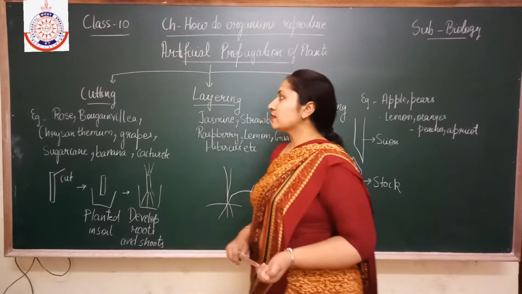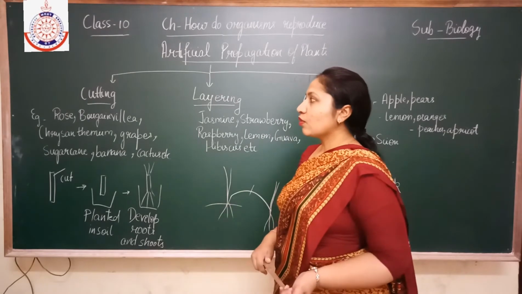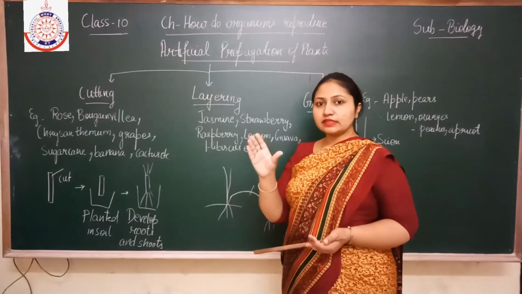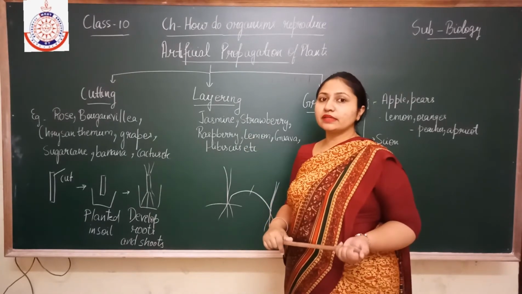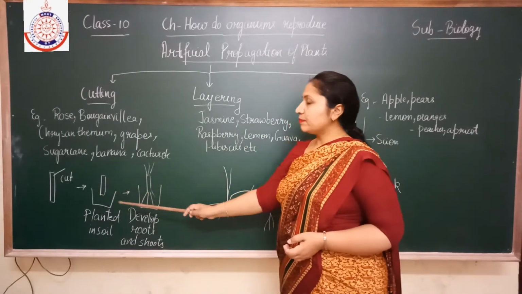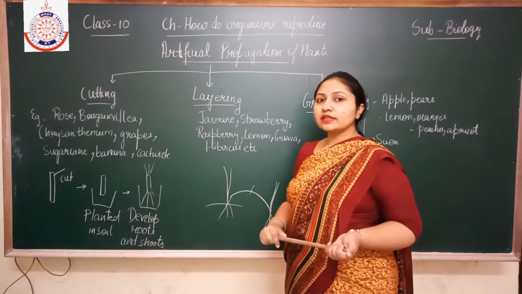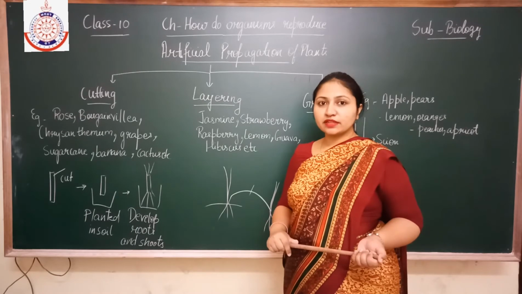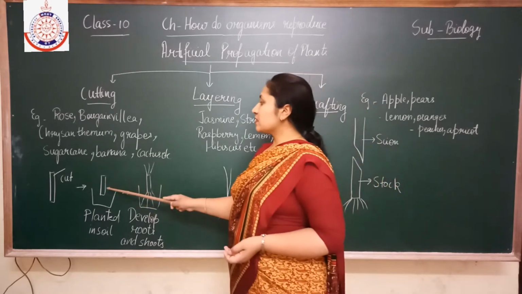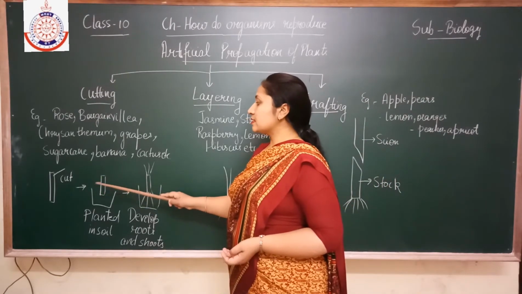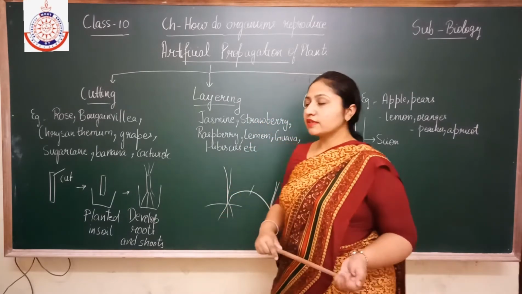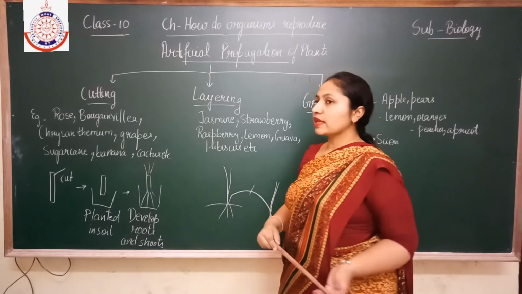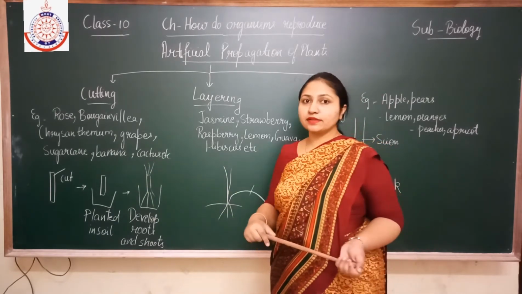So the first method, that is cutting. Now what is cutting here? Cutting means that the stem portion of the plant is cut, then planted in the soil. When it is buried in the soil, it gets moist conditions, and the buds which are present over this stem region are responsible for developing the roots and the shoots, and it forms a new plant.